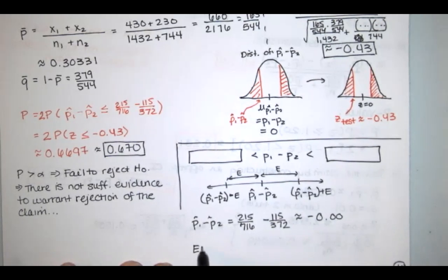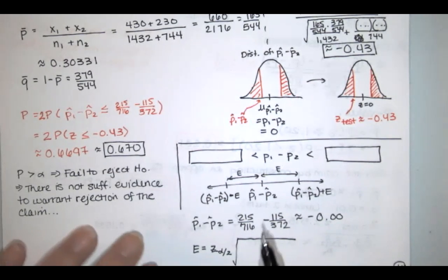And then the margin of error, remember, is z sub alpha over 2 for the right value of alpha times an estimated standard deviation, but this time we're not assuming that P1 and P2 are equal to each other. This is not a hypothesis test. This is an interval estimate of P1 minus P2.